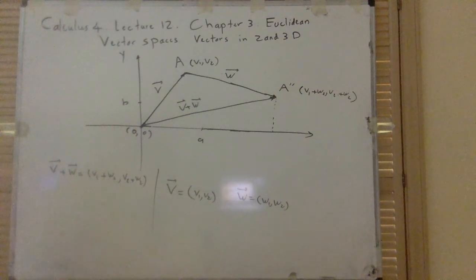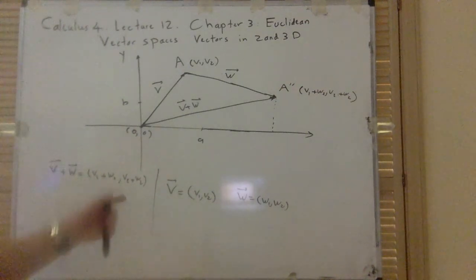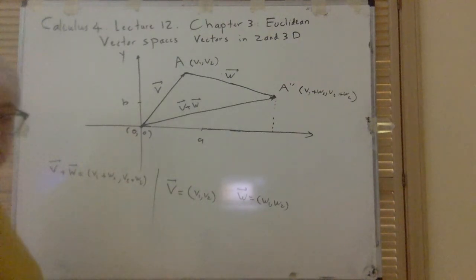This gives us some idea on how to add vectors algebraically. If we are given two vectors, V and W, that's how you add them: add the x coordinates and add the y coordinates, or add the first coordinate and the second coordinate, whatever you call it, and that is the addition of two vectors.